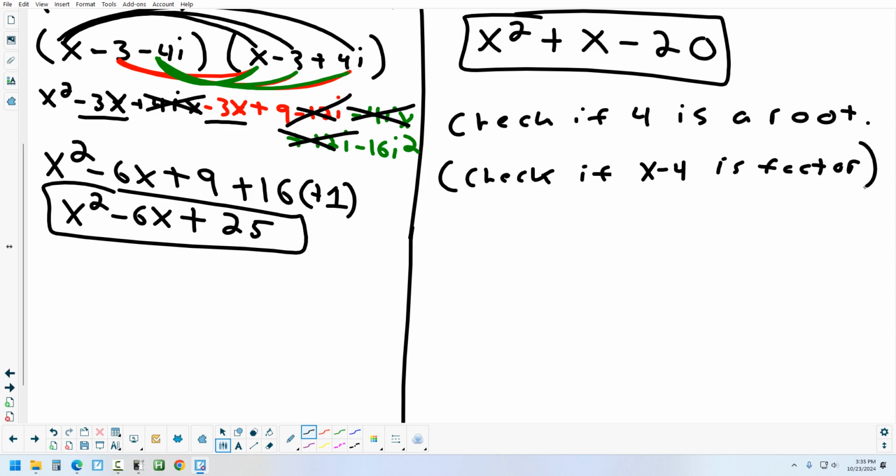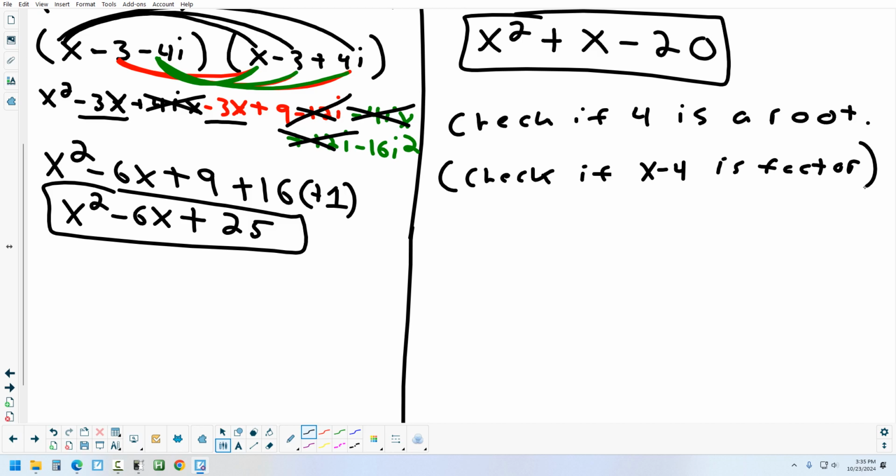Now, how do you check if something is a factor of something else? If something is a factor of something, what does that mean will happen when you divide them? It means the remainder will equal 0.